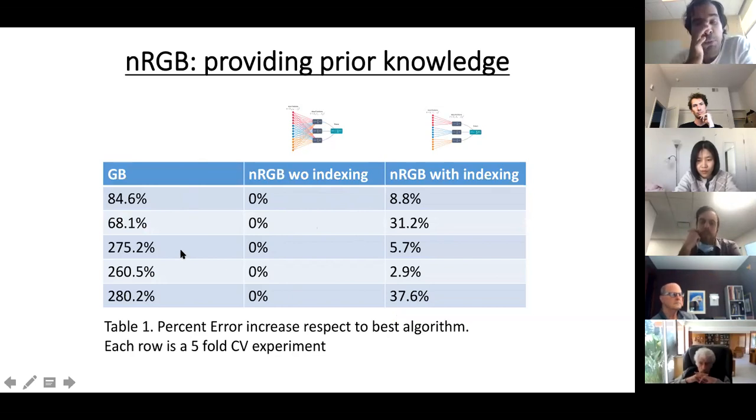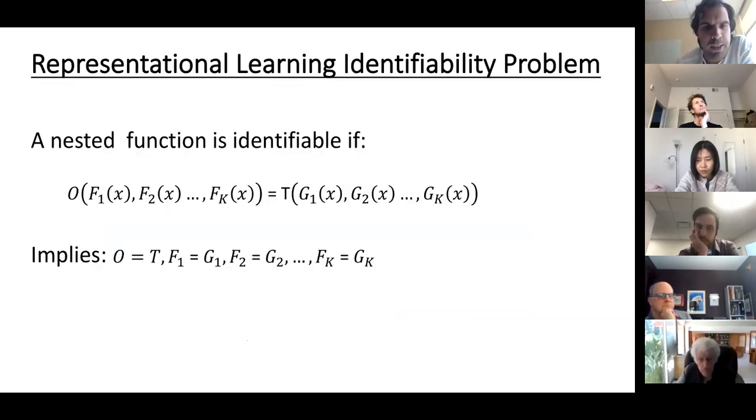Okay, so let me tell you the intuition why that is: if you give the variables to all the channels, you perform better. There is a very common topic in statistics called identifiability.